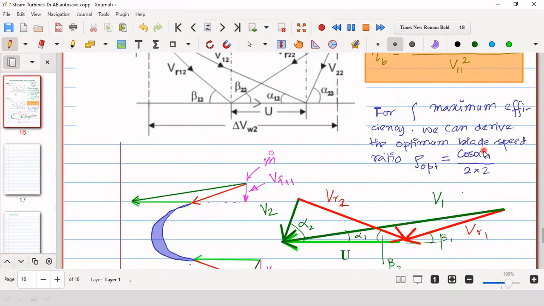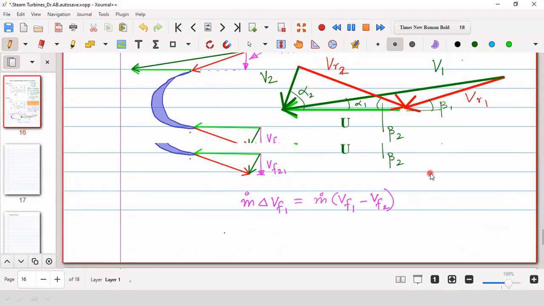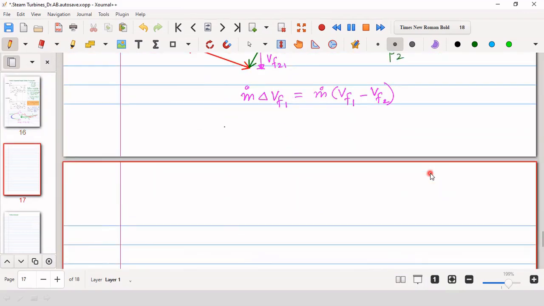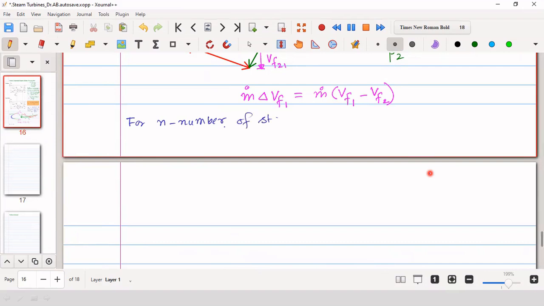Now, in general, for n number of stages, the optimum blade speed ratio is equal to cos alpha 1 by 2n.